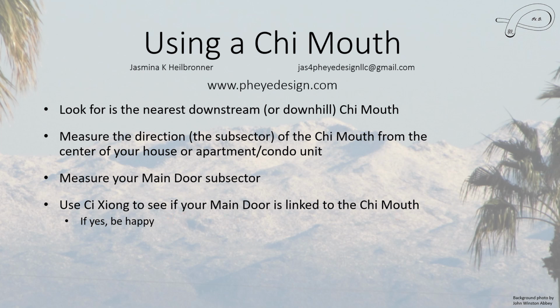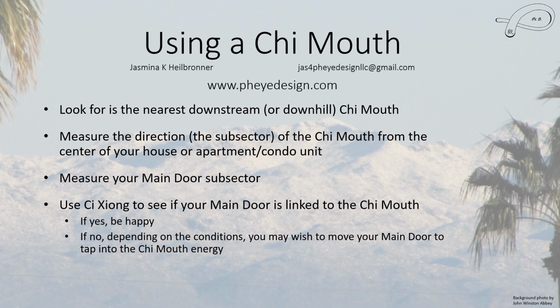Now you can have this happen, and you can have a permanently good formation in your flying star charts or in your purple white chart. This doesn't disrupt that at all. You can have both, and then that's even a better house.